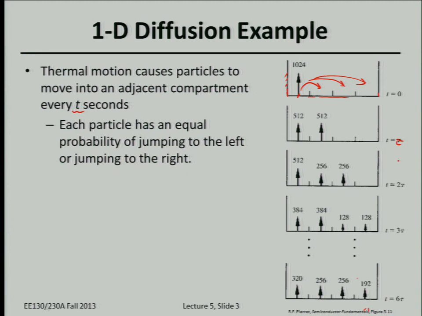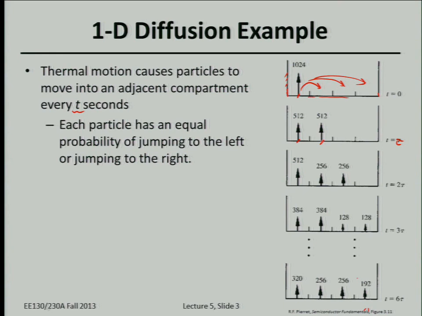As time evolves, you can see the very non-uniform peak of the carrier distribution tends to smear itself out. At t equal to tau, you have almost equal carrier concentration at position 1 and position 2, okay?